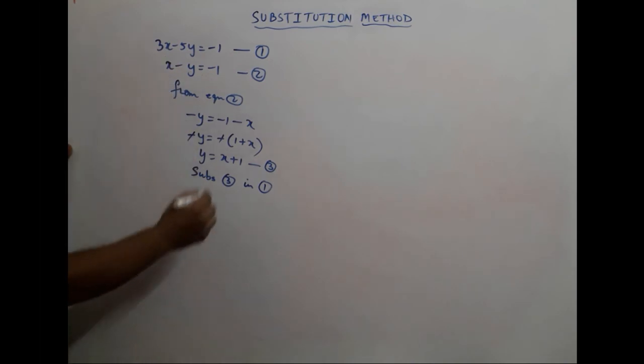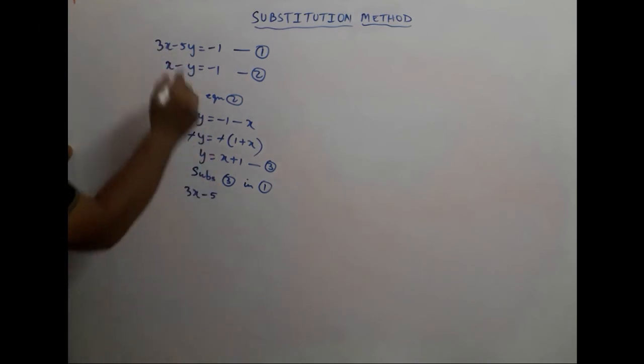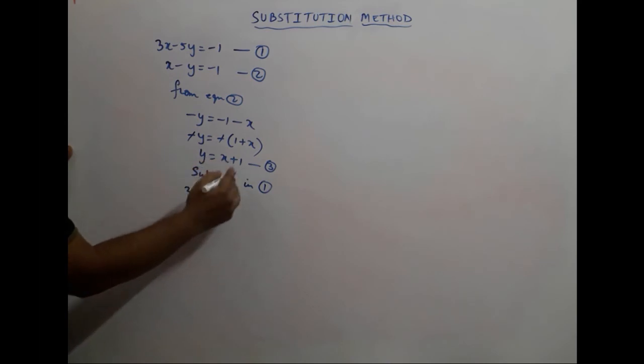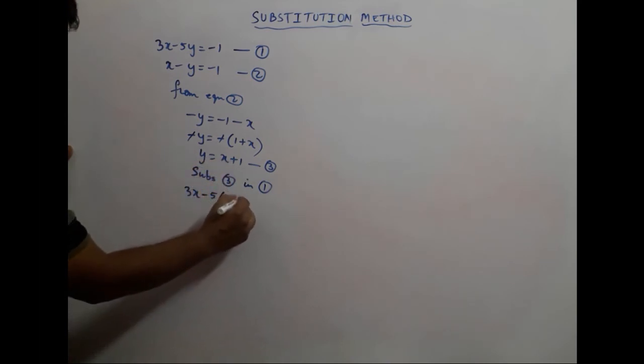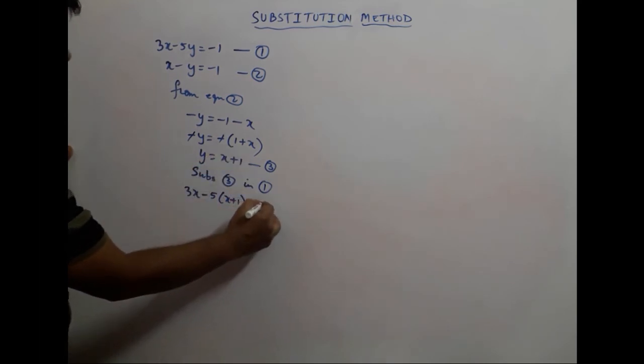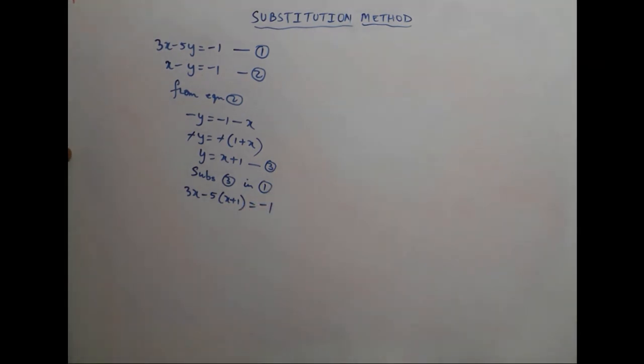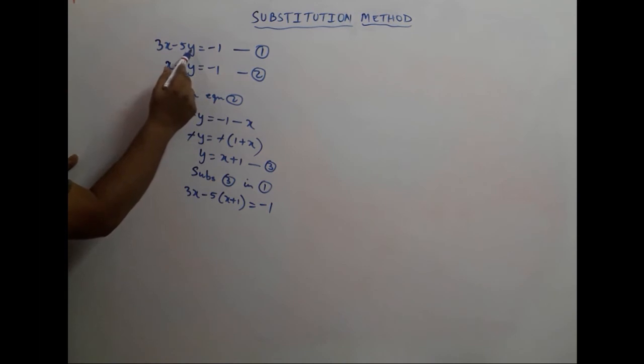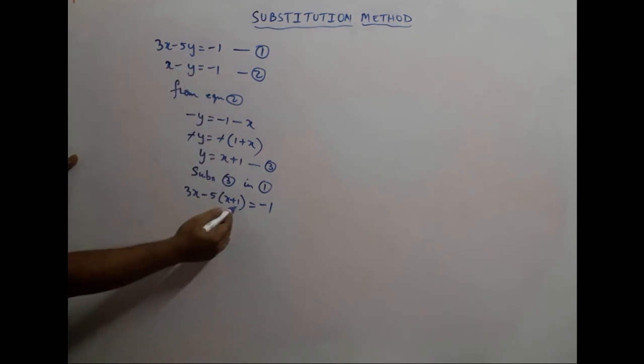So instead of y now, 3x we leave that way, we don't touch that, and instead of y, 5y it is. So instead of y we put this value, which is x plus 1, equal to minus 1. Got it? So we are now substituting the value of y as x plus 1.